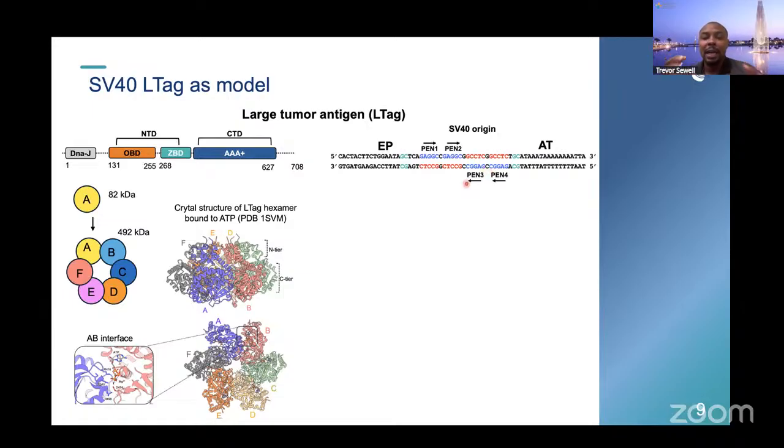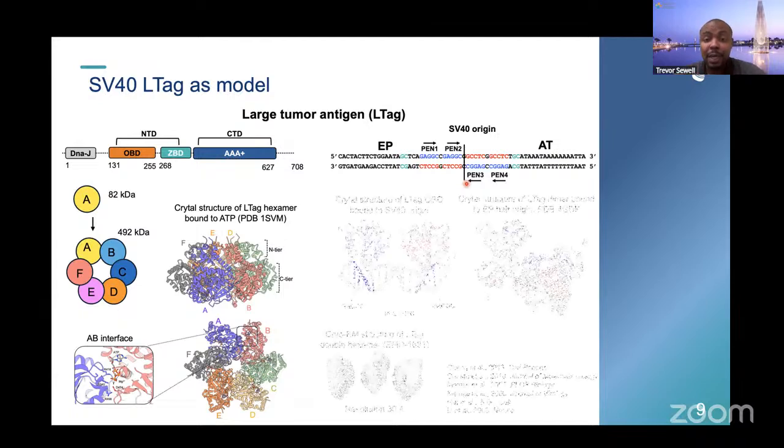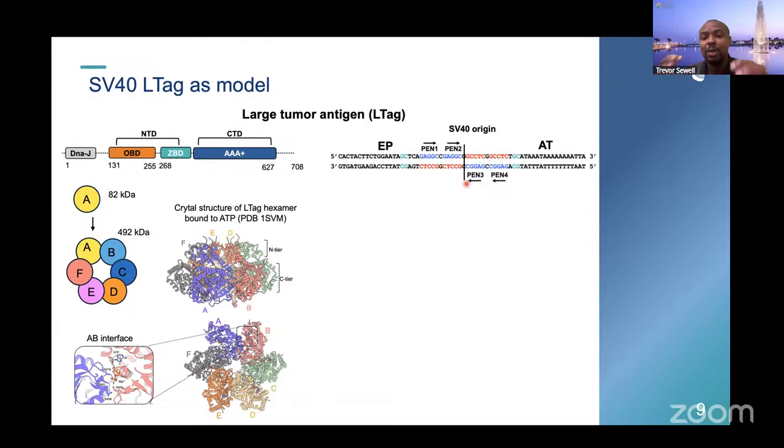And it's onto this sequence that the large tumor antigen recognizes where to initiate DNA replication. The sequence can be broadly divided into two halves. You have the EP half on the left and the AT half on the right.